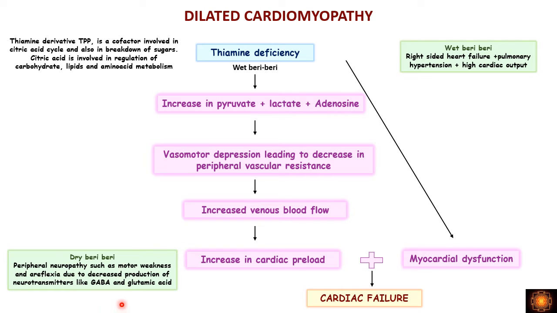This is because of decreased production of neurotransmitters like GABA and glutamic acid. This is also because of the thiamine deficiency. So if thiamine deficiency is producing the neuropathy, we call it dry beriberi. If it is producing heart failure affecting the cardiac myocytes, we call it wet beriberi.